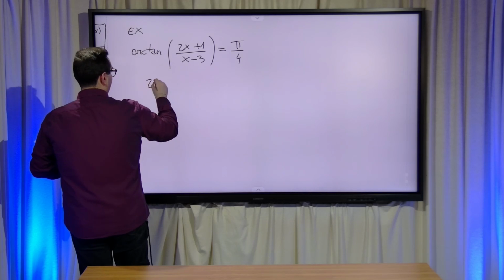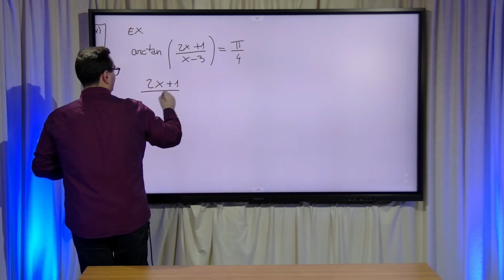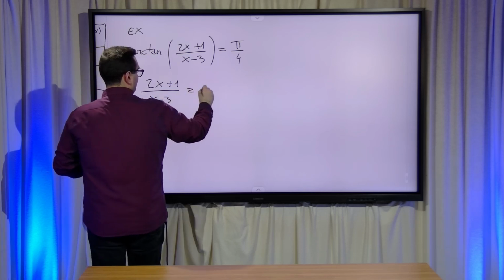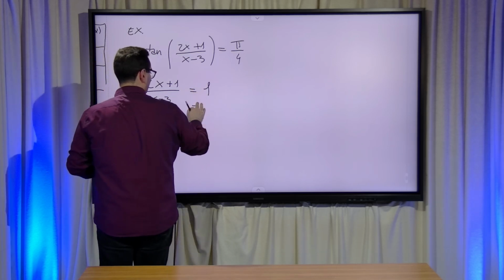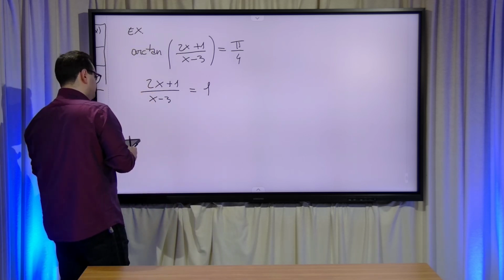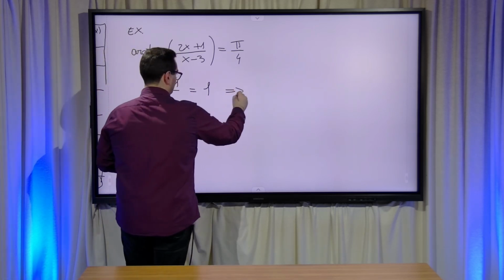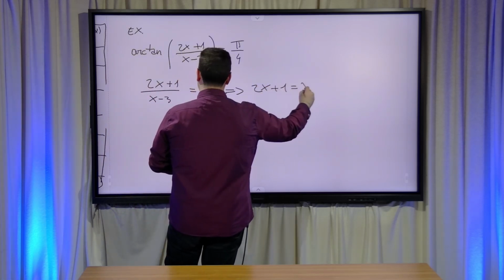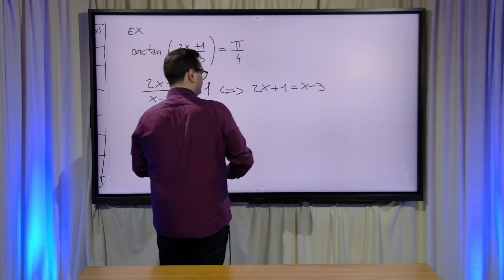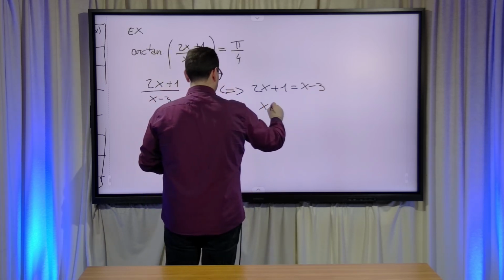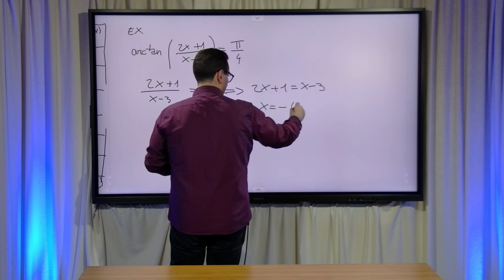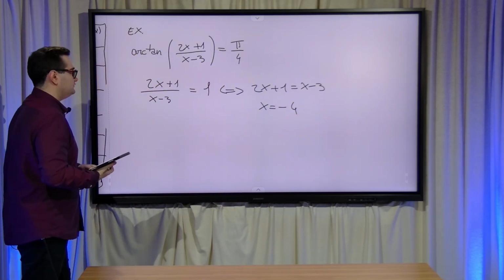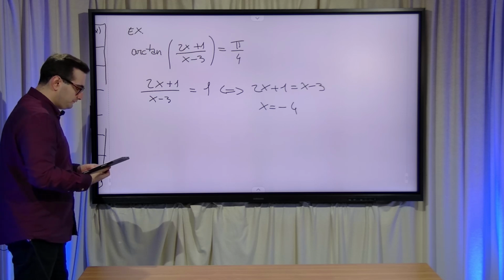Here I get the argument of the arctangent, and here I get only 1. Okay. Also, this one was quite simple.